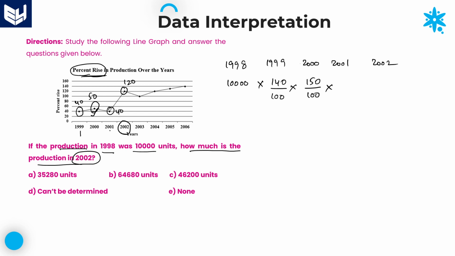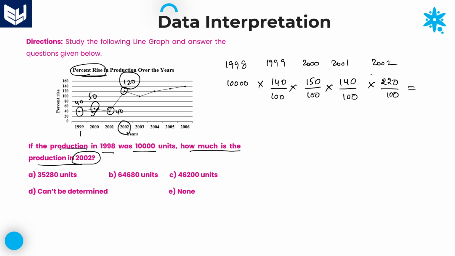And next in 2001 it is increased by 40 percent again, therefore it will be 140 percent. And finally in 2002 it is increased by 120 percent, so it will be 220 percent. 100 plus 120, that is 220 percent. This is the production in 2002.